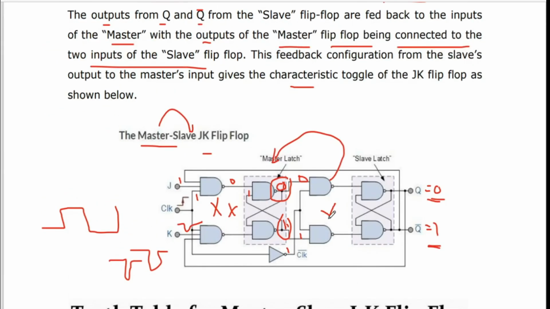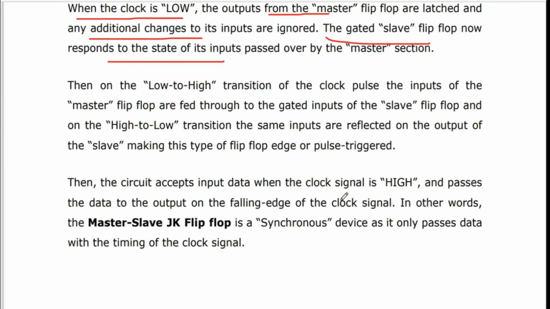Now as this slave has become active, whatever output the master has, it will capture it and perform the necessary operation. So this is how we avoid the toggle condition in the master slave flip-flop.